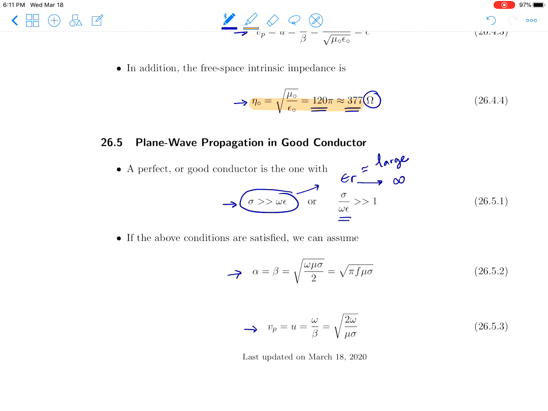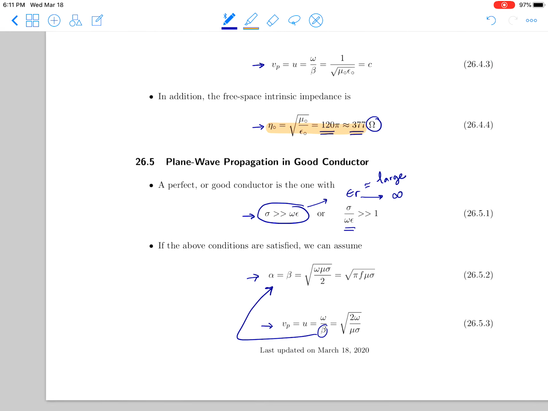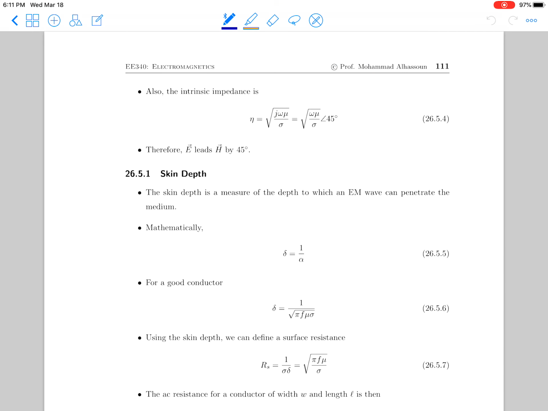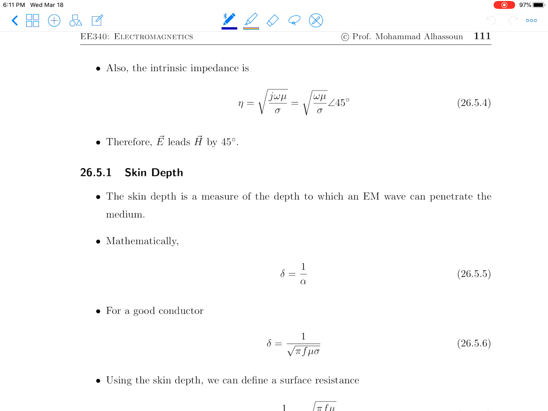The wave velocity will be omega divided by beta. So taking beta from here, we conclude that the wave velocity is the square root of 2 times omega divided by mu times the conductivity.